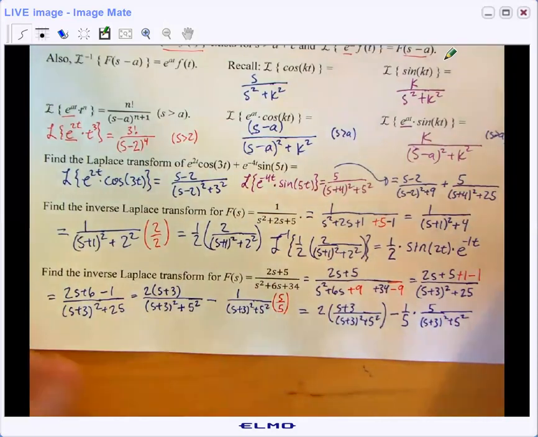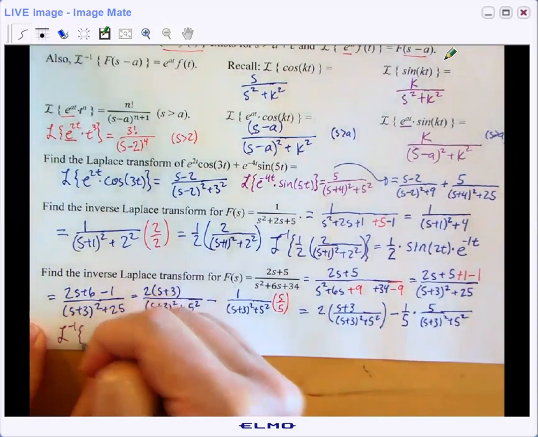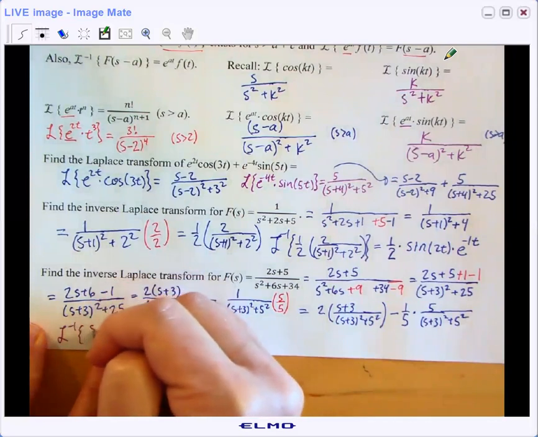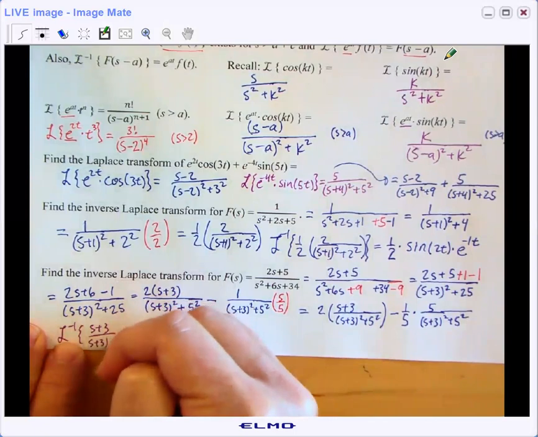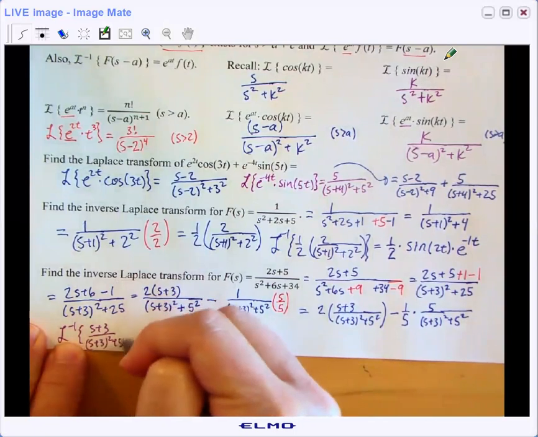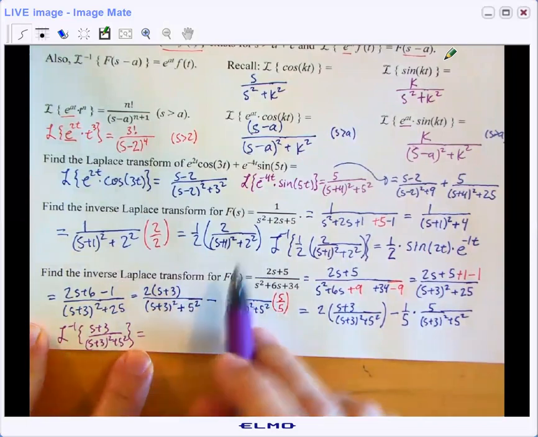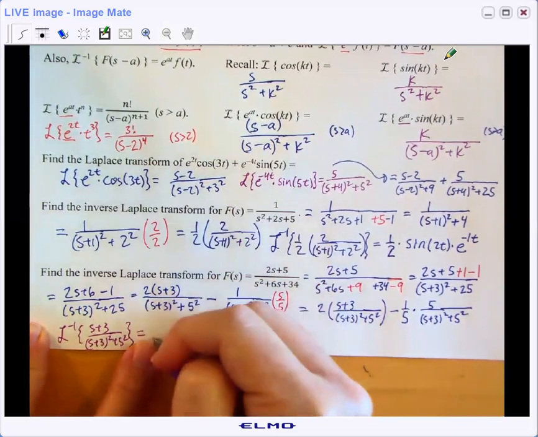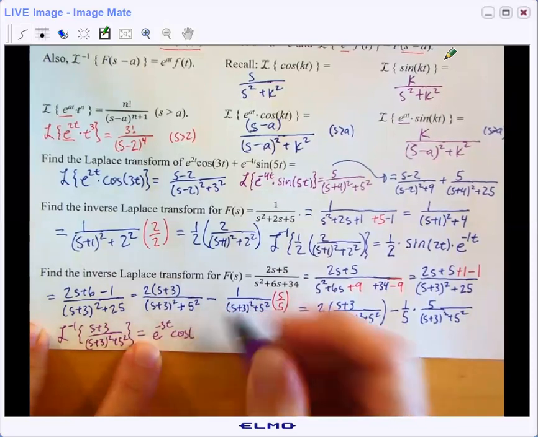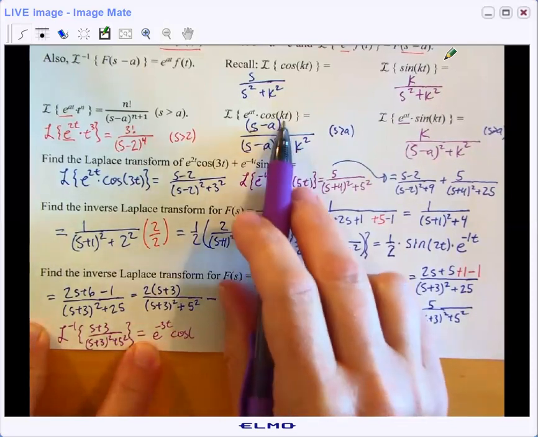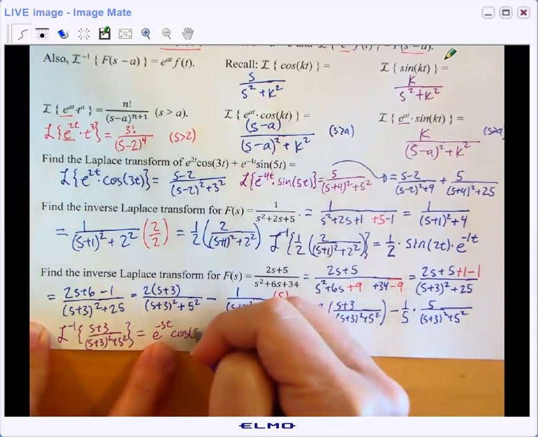So let's do the inverse Laplace transform on those. So (s + 3) over ((s + 3) squared plus 5 squared). We know that inverse Laplace transform is going to be e to the -3t times cosine of, remember that this tells us what the argument inside the cosine is going to be, so cosine of 5t.